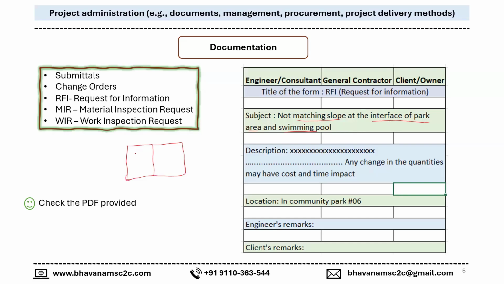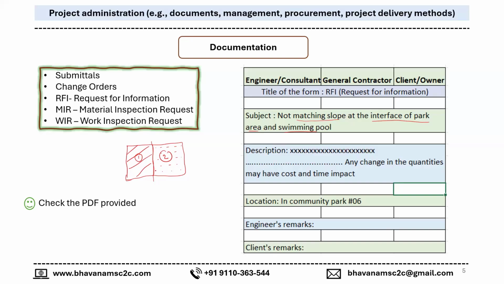The designer designs the pool area one day and the park area on the second day. So when he designed these two things on two different days, there might be a collision or a slope difference between these two areas.